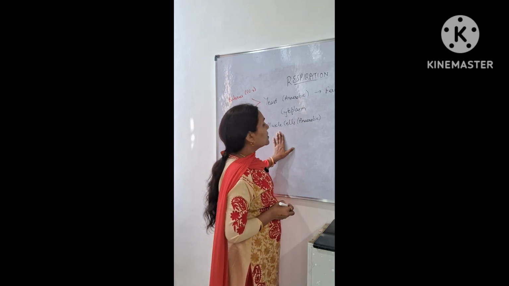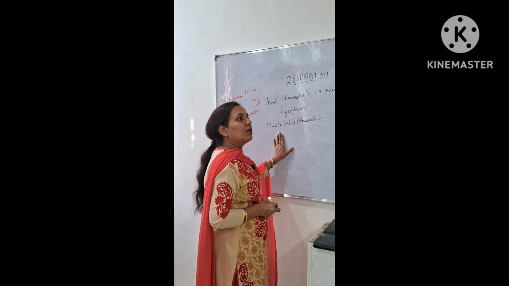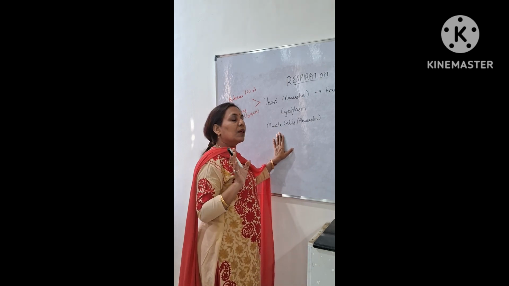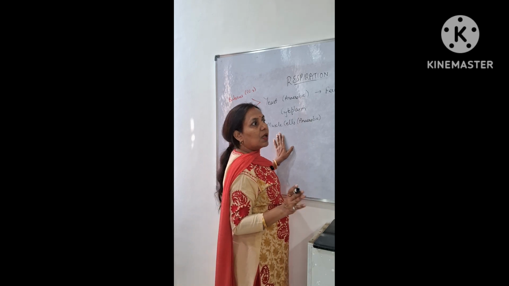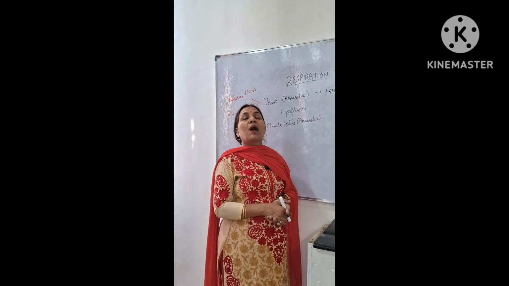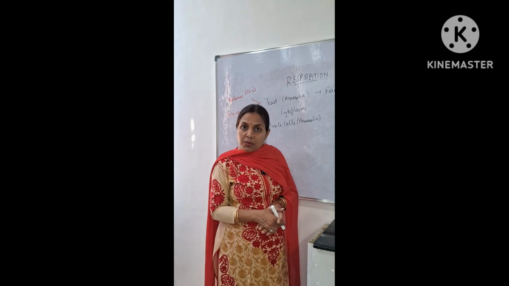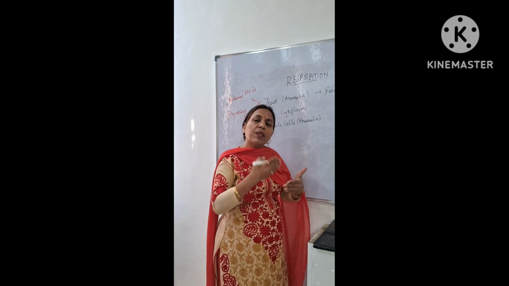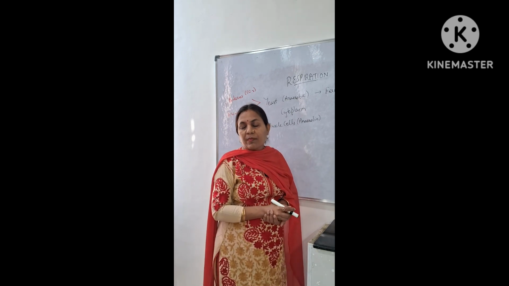Now, why does it occur in our muscle cells? Although we are aerobic organisms, when we are undergoing vigorous muscular activity, our muscles are in constant motion. They are constantly working, requiring more and more energy.